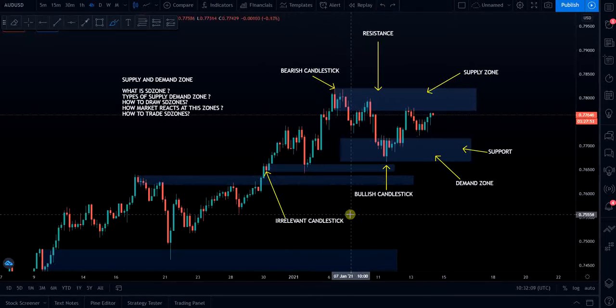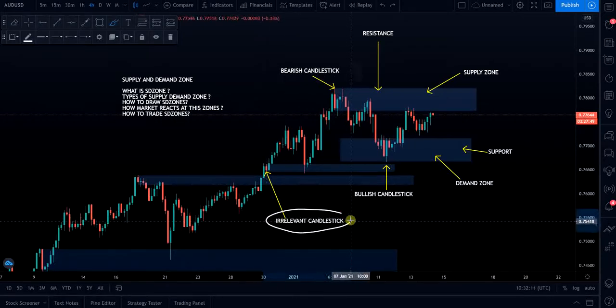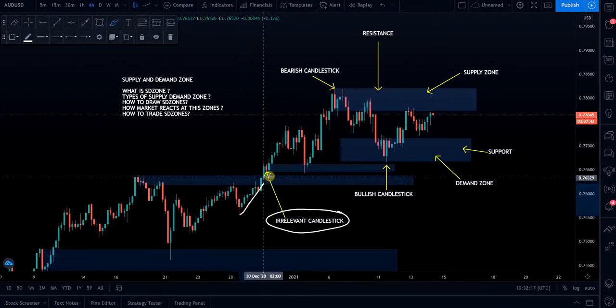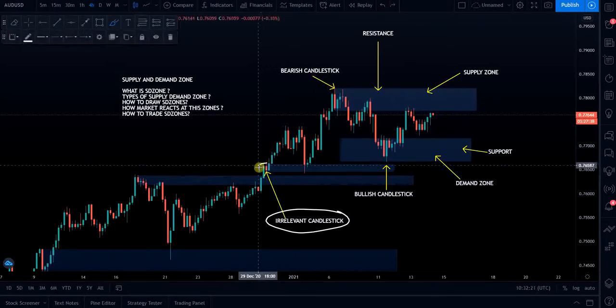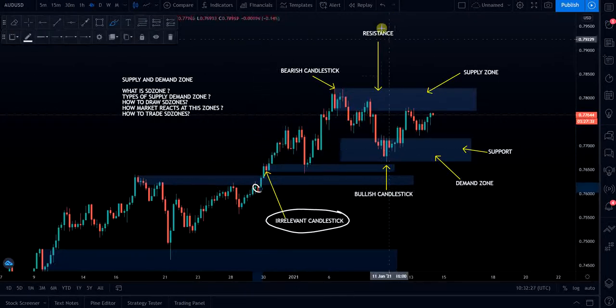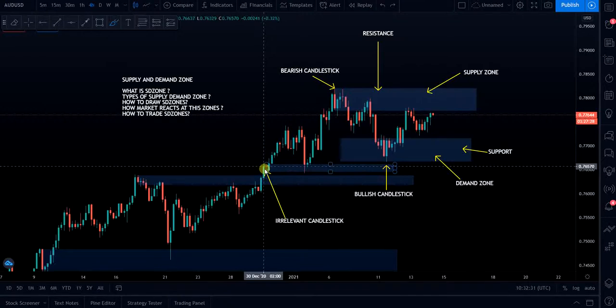Another way to draw the supply demand zone is with the help of irrelevant candlesticks. As we can see, this is a bullish trend, right? In between this bullish trend there is one irrelevant candle, that is a bearish candle. You can see this candle also. This candle is acting as a support or supply demand zone for the market.